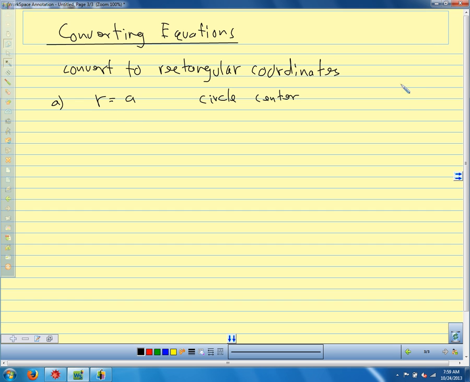So our rectangular coordinates start at the origin. So if we have a constant radius, where would our center be? 0, 0. And our radius, this tells us, radius equals a. So in rectangular coordinates, this would just be x squared plus y squared equals a squared.